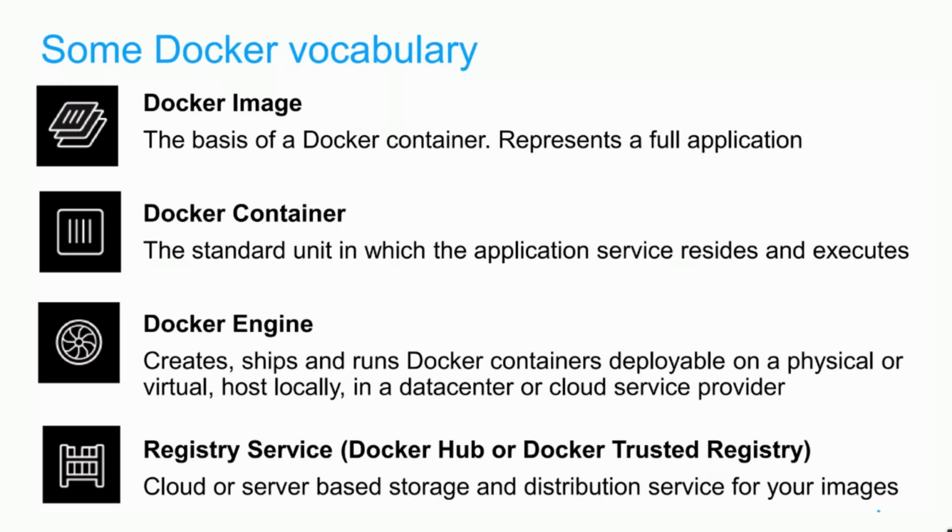Means we can set up a Docker engine on a physical machine, virtual machine, or localhost, which we can set up in a data center or on a cloud service provider. In cloud service providers like Amazon AWS, Azure, or Google, you can set up the Docker engine.